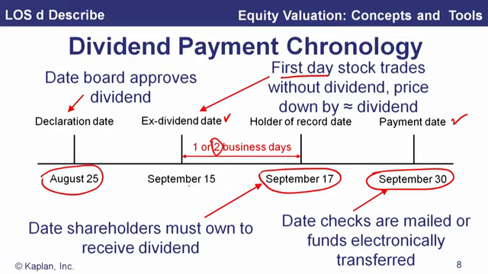So if you entered your trade on September 15th with 3-day settlement, you would own that stock on September 18th, so you'd still get the dividend. So if this is the ex-dividend date, it means you buy it on September 15th, you don't get the dividend because with 3-day settlement, you wouldn't be a holder of record until September 18th.